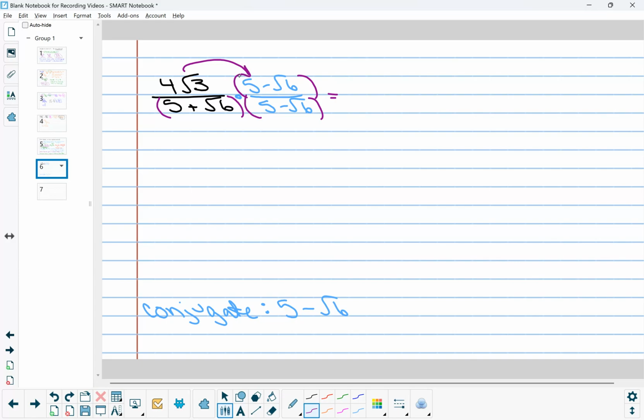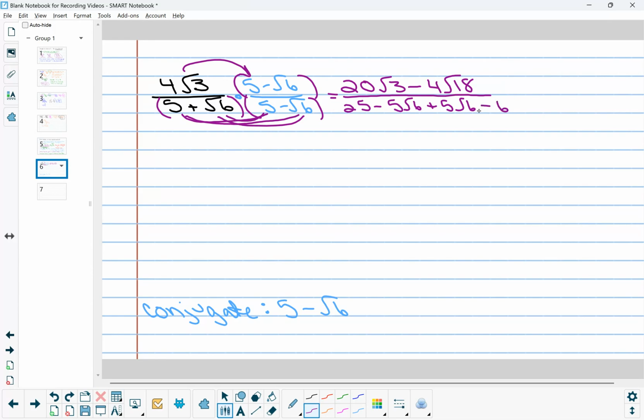So this is going to be 20 radical 3 minus 4 radical 18 over, I've got 25 minus 5 rad 6 plus 5 rad 6 minus 6.